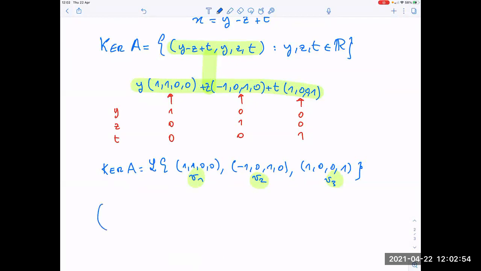Let's consider the matrix having these as columns. Just a second, and you will see why we do that. So it's 1, 1, 0, 0, -1, 0, 1, 0, 1, 0, 0, 1.